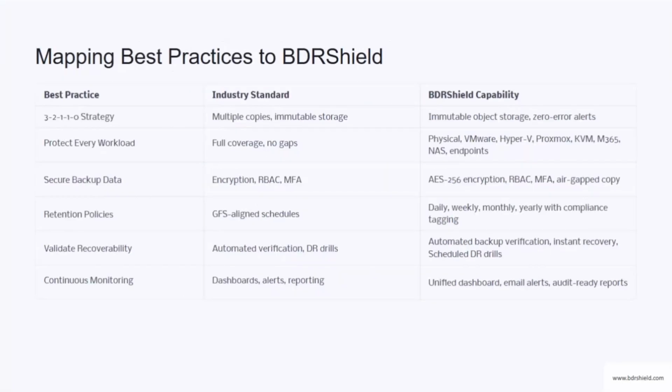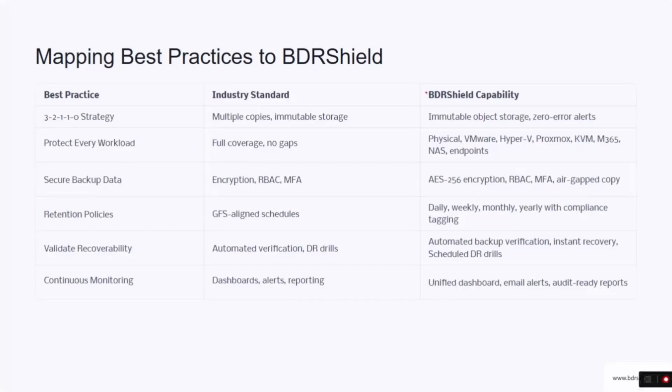On the other hand, now we are going to see how BDRShield comes into the picture. Mapping the best practices we have discussed previously, how does BDRShield help to satisfy them? Now you are into the exact webinar title.